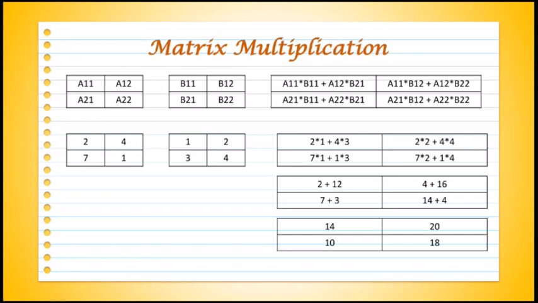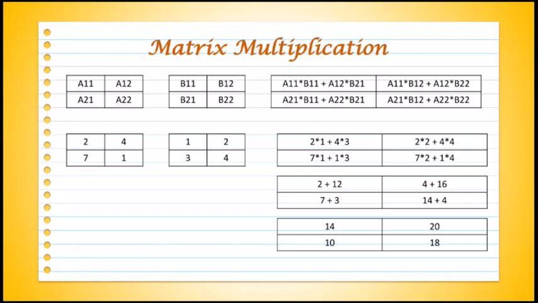In normal matrix multiplication, we require 8 multiplications and 4 addition operations to perform 2 into 2 matrix multiplication. By using Strassen's matrix multiplication, we can reduce the number of multiplication operations, and by using this we can save our computing time.